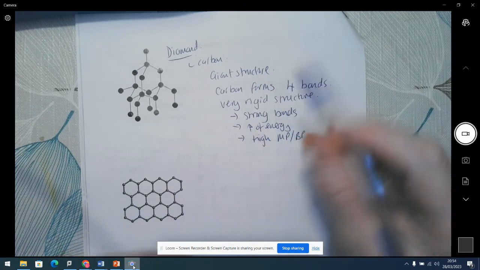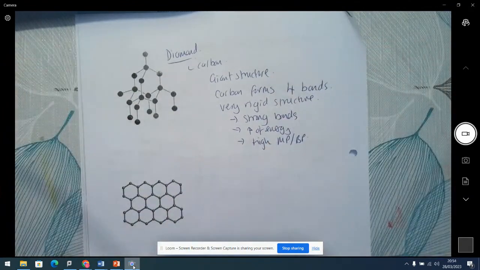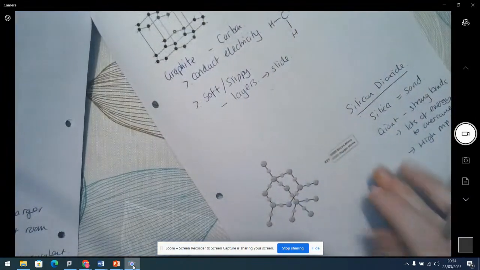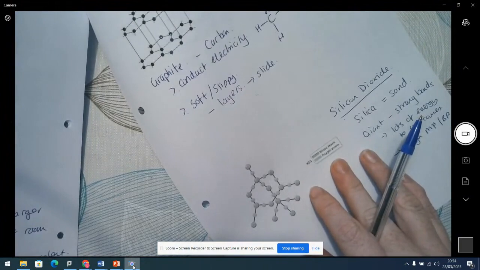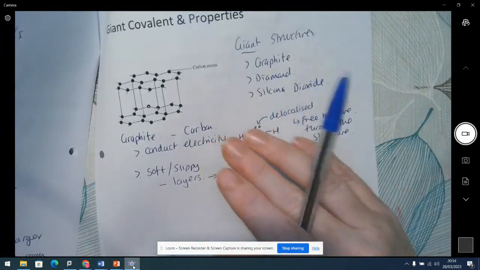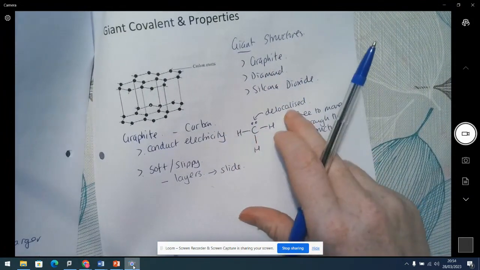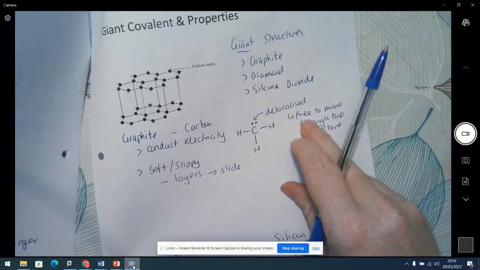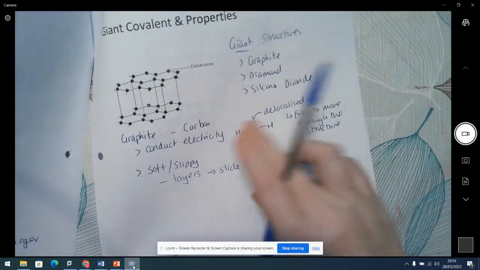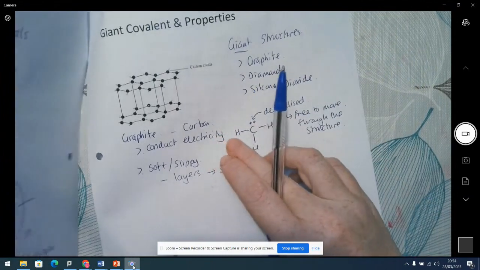Okay, so diamond and the silicon dioxide do not conduct electricity. So it's important that you know they do not conduct. But graphite does, and the reason why is because of the 3 carbon bonds when it should have 4. So it's got delocalized electrons that are free to move through the structure, and this is why it can conduct.